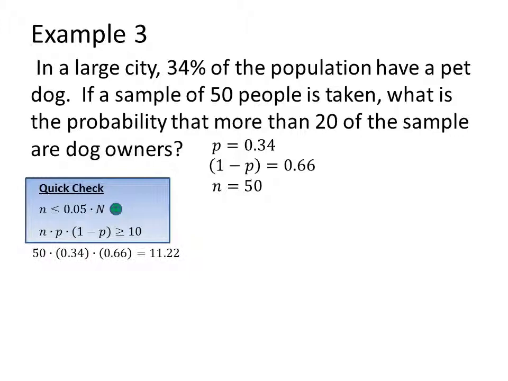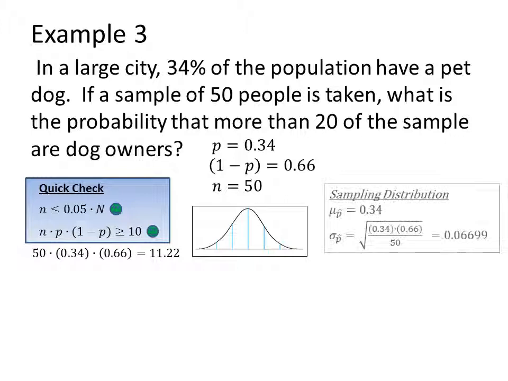The other thing we can check, if we take 50 times 0.34 times 0.66, we get 11.22, which is greater than 10, and so we should be able to use the normal distribution. So, when we want to use this normal distribution, we need to think about what parameters we need to use. In this case, the average that we're going to use is 0.34, which is just p, and the standard deviation is 0.06699.